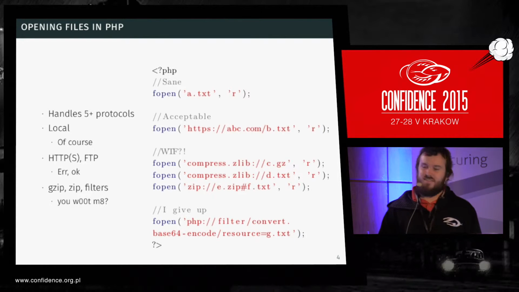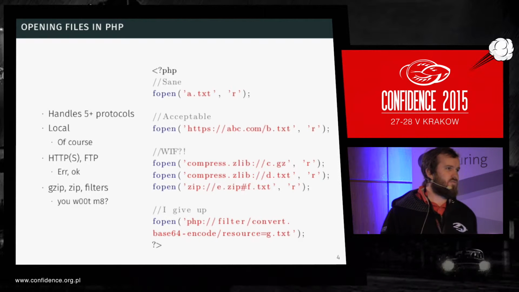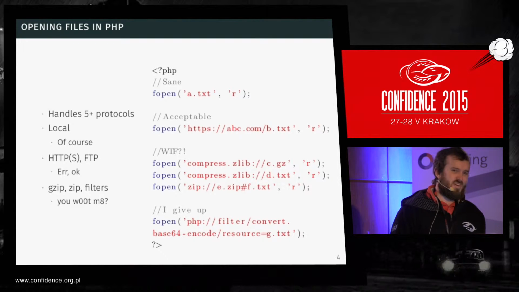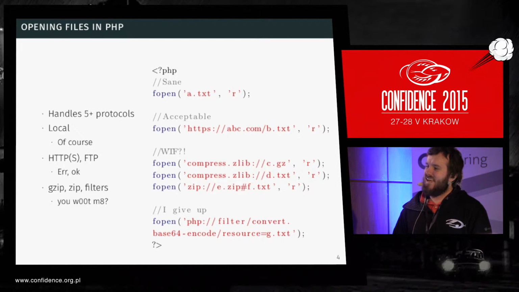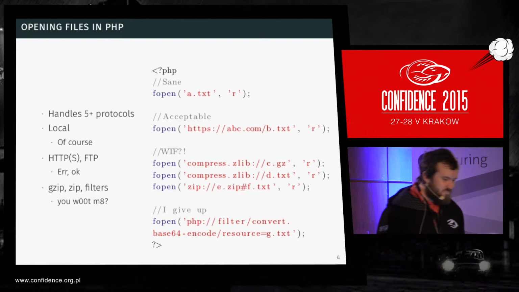And then, as if this wasn't enough, you can do things like open this file, but all data that you read from this file should first be passed through this function before you pass it on to the rest of the code. So this is where it gets really strange. It feels like this kind of feature has no place in a simple file open operation.